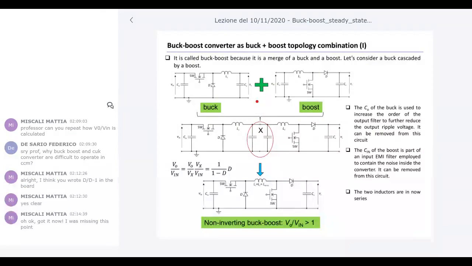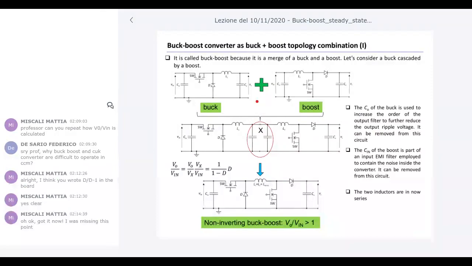This converter also has another name. Then, after the theory about converters was established, many people worked on the theory behind this converter. They recognized that this converter is no more than a buck followed by a boost.